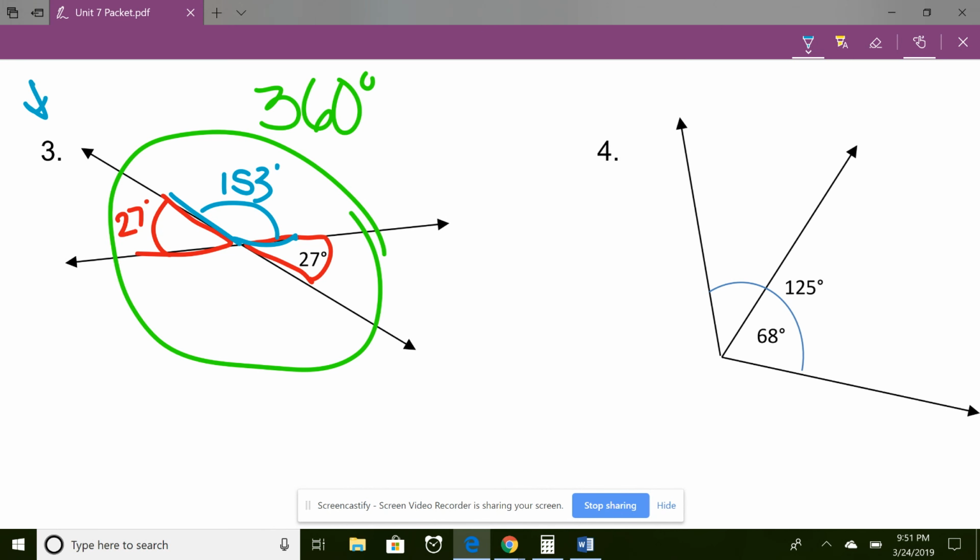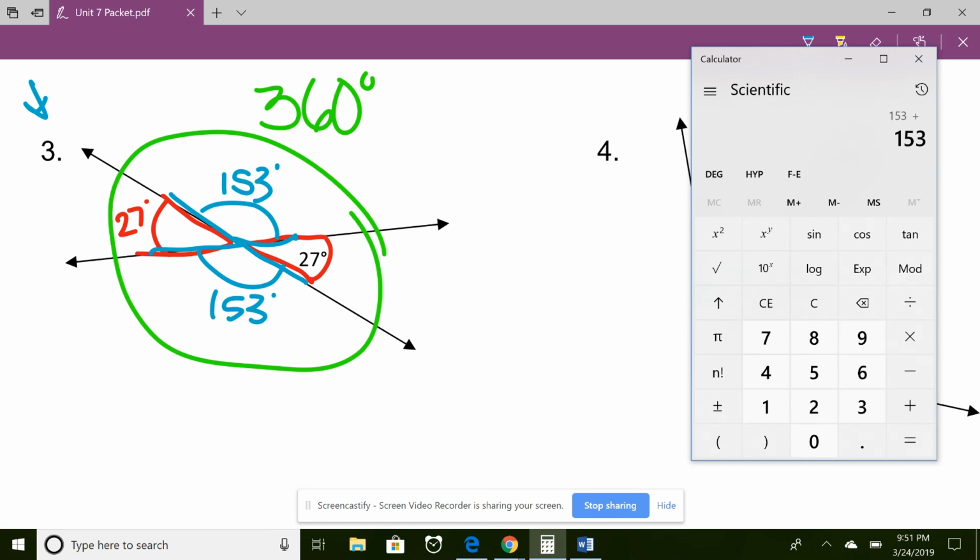And this angle down here is also 153 degrees because they are vertical angles. So it's really important that we're able to recognize the different types of angle relationships and understand the names, and it'll make it quicker when we figure out all these diagrams. To double check myself, you do 153 plus 153 plus 27 plus 27, and it is 360. So it adds up to 360.